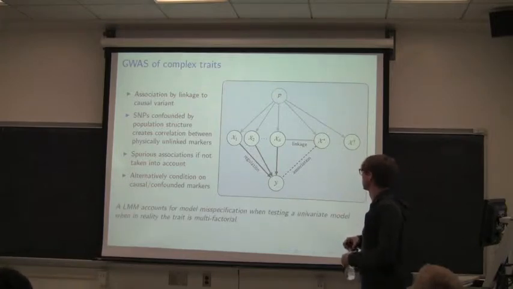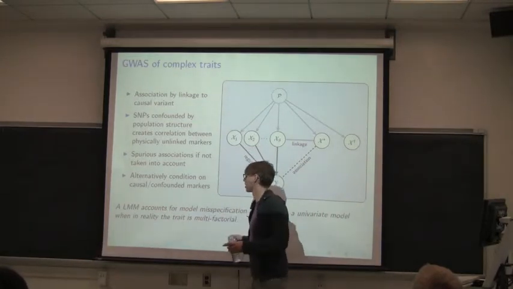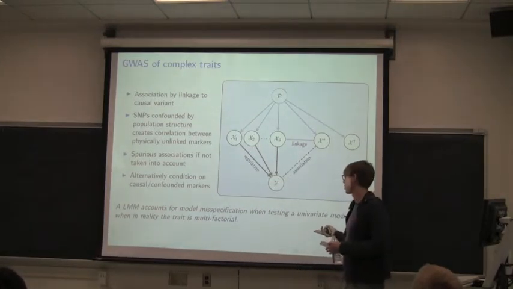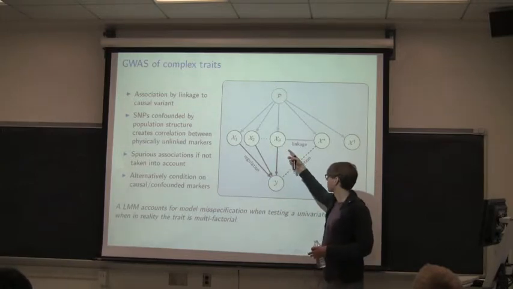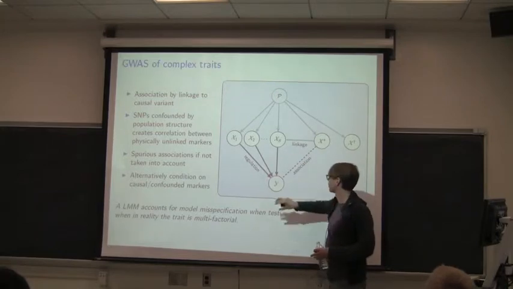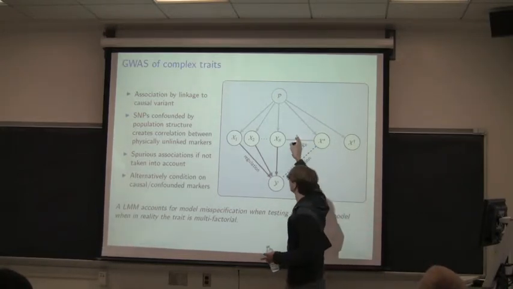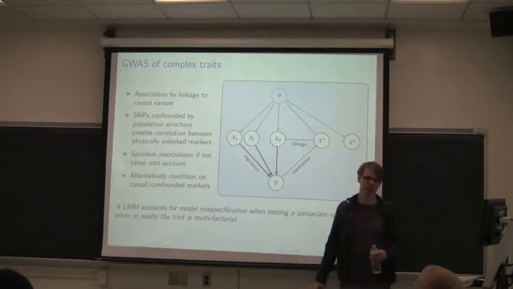And now the question is, so basically in this view, the linear mixed model accounts for model misspecification because we use a very simplistic model which only involves this SNP and the phenotype, whereas the true underlying model actually also involves all the other causal variables.